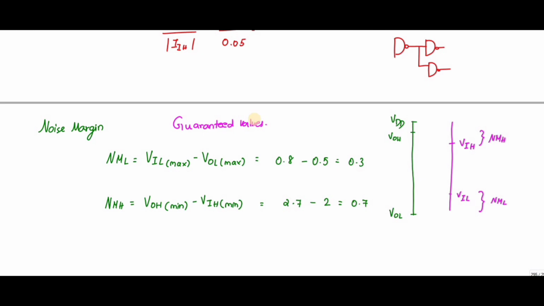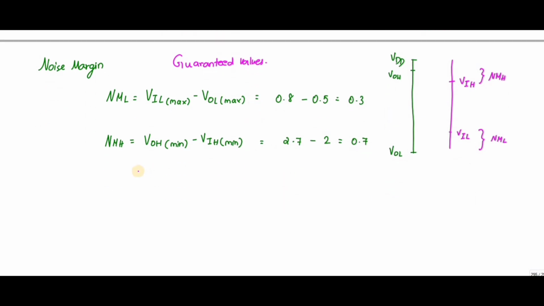So they haven't given the threshold voltage. Suppose they have given the VT value. VT is nothing but the threshold value. Here they haven't given it. Suppose I assume the threshold voltage is 1.3 volts, and then I can write the real value.